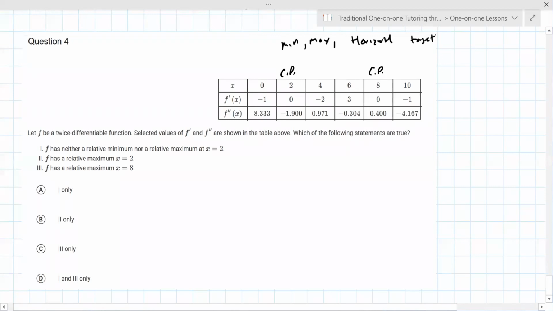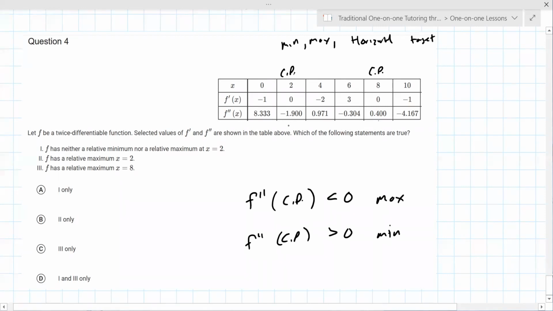So there's the second derivative test that says if f double prime of your critical point is less than 0, it's a max. And if f double prime of your critical point is greater than 0, it's a min. It's backwards from what you might think, but that's what it is. That information is enough to tell you what's going on at 2 and 8, because at 2, the second derivative is negative.